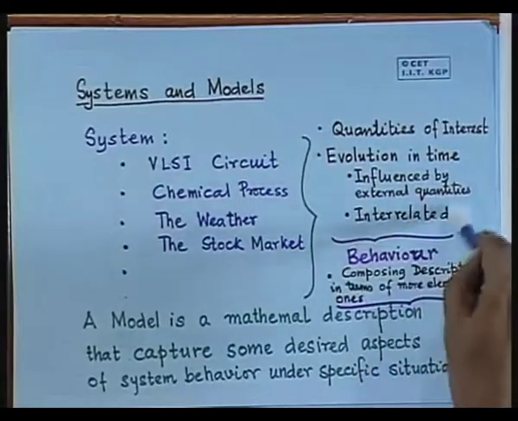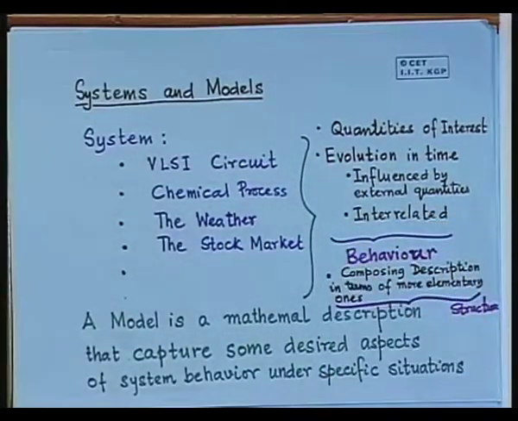So the quantities of interest which evolve in time are not only interrelated amongst themselves, they are also influenced by external quantities across the boundary. And this evolution in time is typically called the system's behavior.